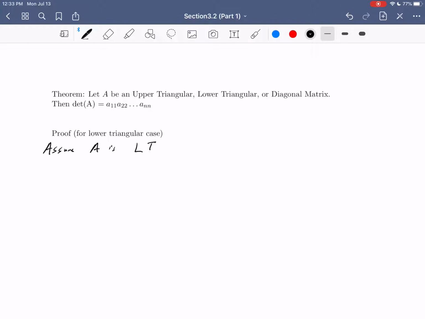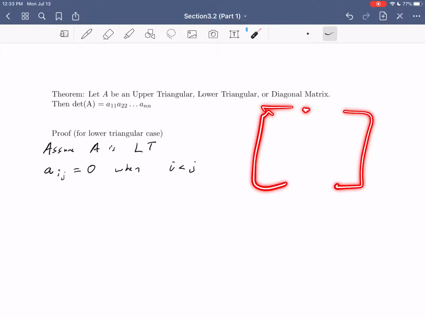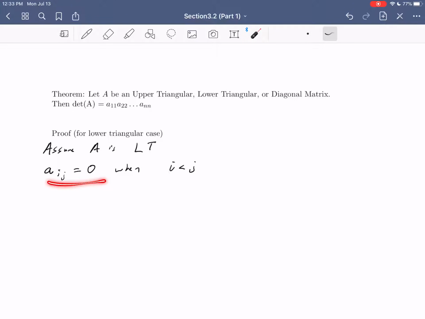Remember that that means that the elements Aij are going to be equal to 0 when i is less than j. Whenever that column position is larger than the row position, if you think about what that means, right? Column position being larger than the row position means that you're going to be over in this upper triangular section, which has to be 0 if you're going to be lower triangular. So if we assume A is lower triangular, then we know this is 0 whenever i is less than j.